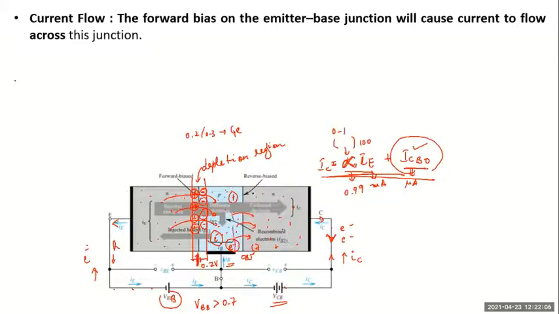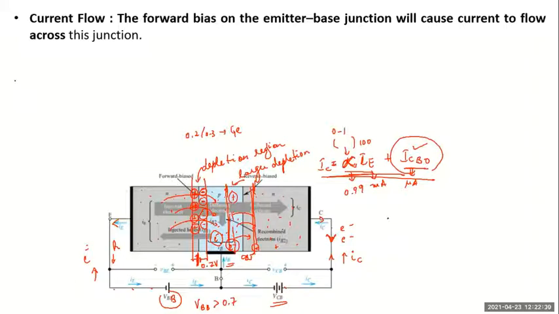Remember, this junction is reverse biased, so here the depletion region will be larger compared to something which is forward biased, where the depletion layer becomes smaller. Whereas here the width of the depletion region in the collector base junction will increase. This will be the expression for current.